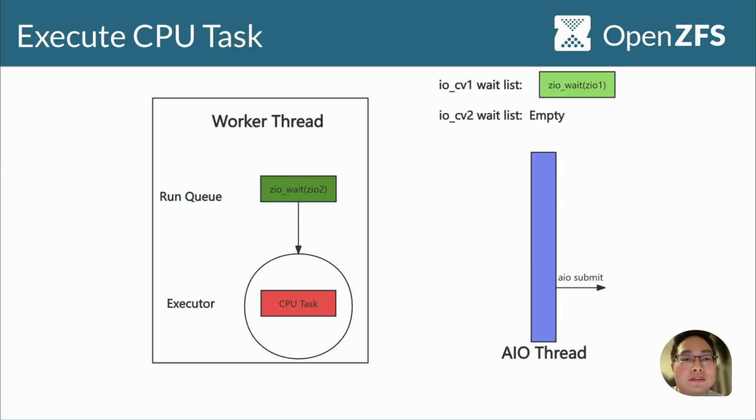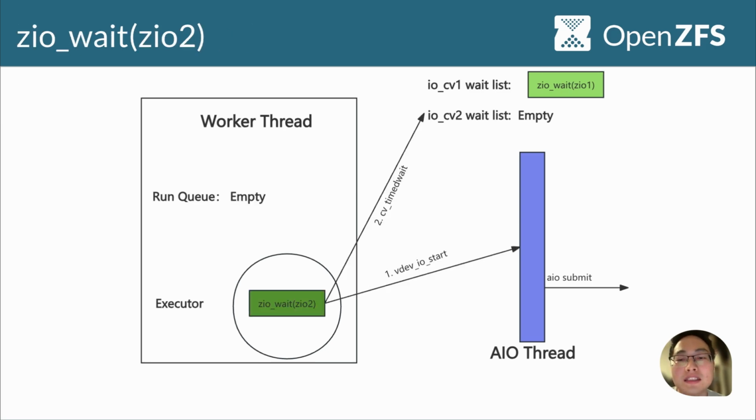Before the IO wait for the ZIO1 is done, the thread can continue executing the CPU task. After the CPU task, we can execute ZIL wait for ZIL2.